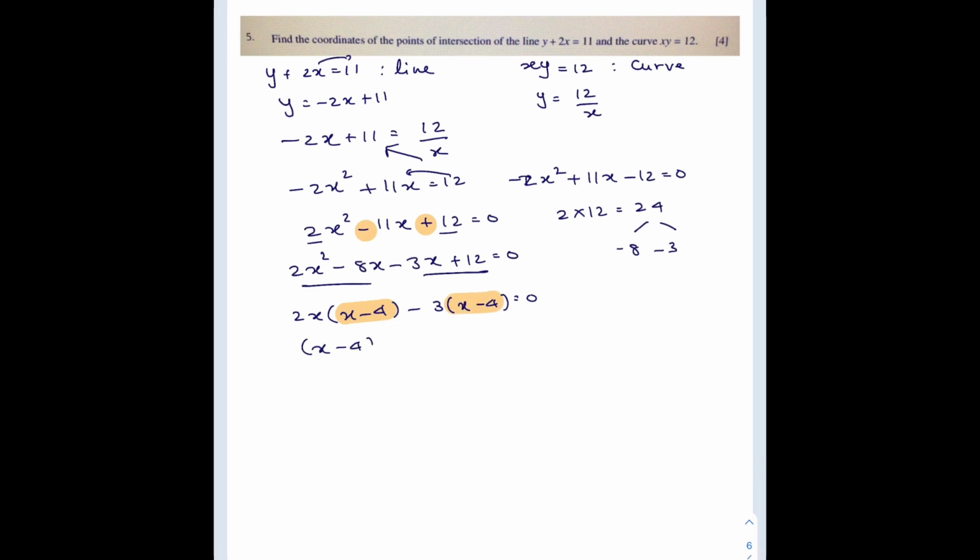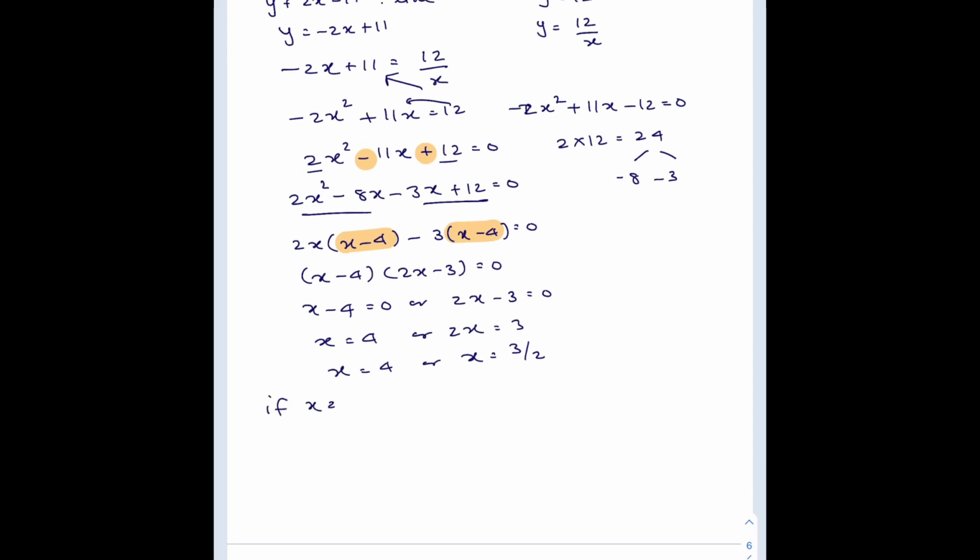So that's (x minus 4)(2x minus 3). So I write x minus 4 is 0 or 2x minus 3 is 0. So x is 4 or 2x is 3. X is 4 or x is 3 over 2.